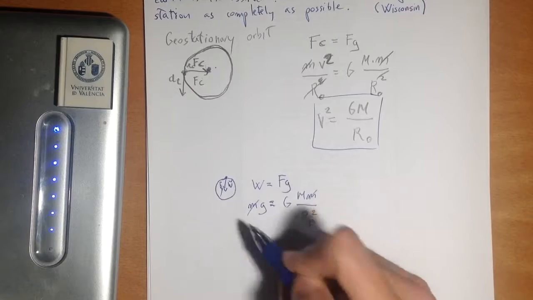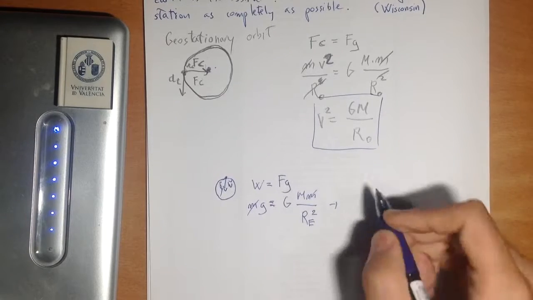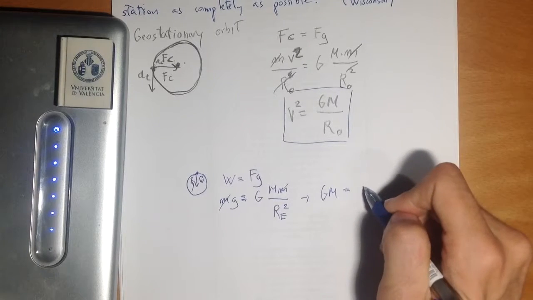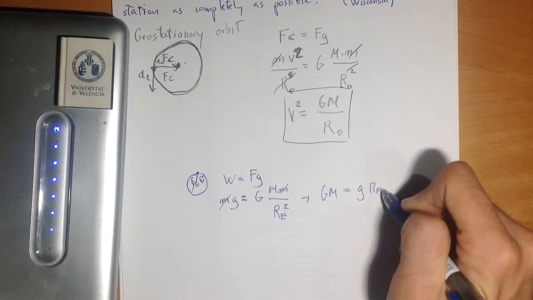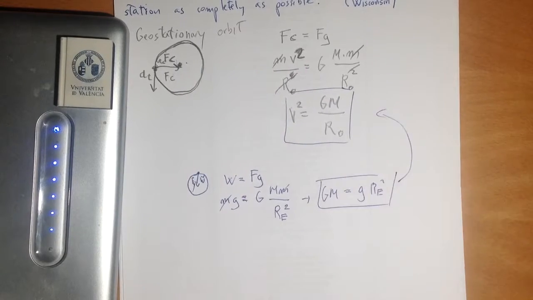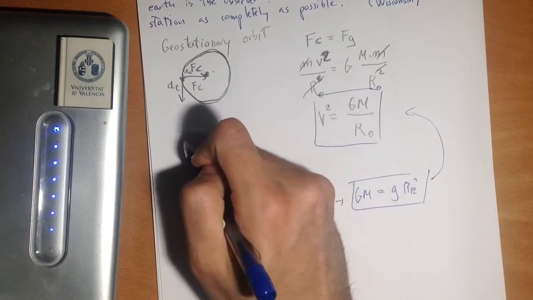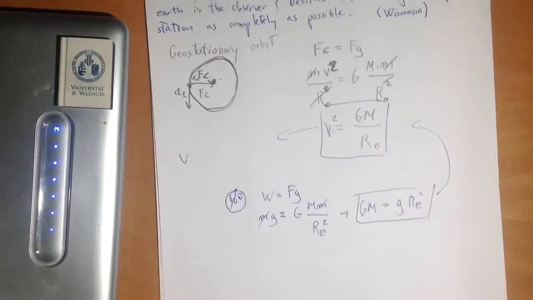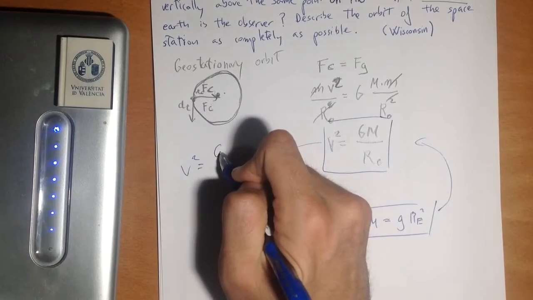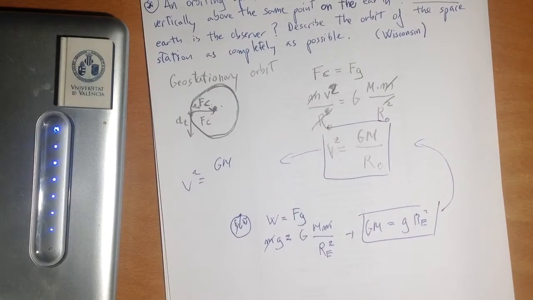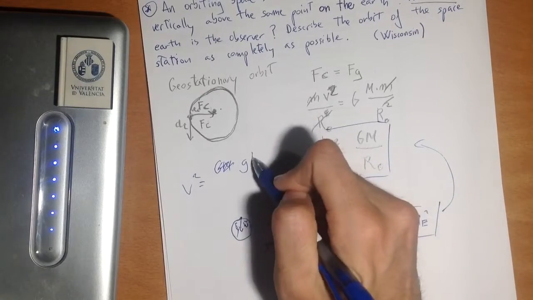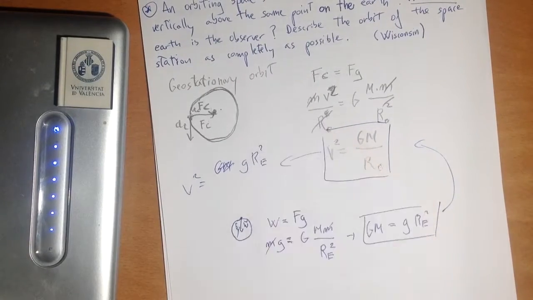So we have this equation that we can plug in here, and we would have the velocity squared equals g times the Earth's radius squared over the orbit's radius.